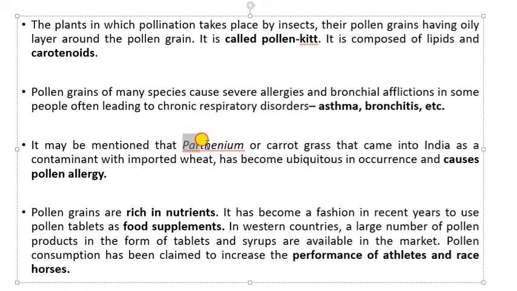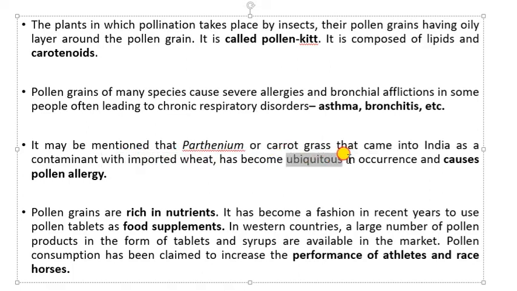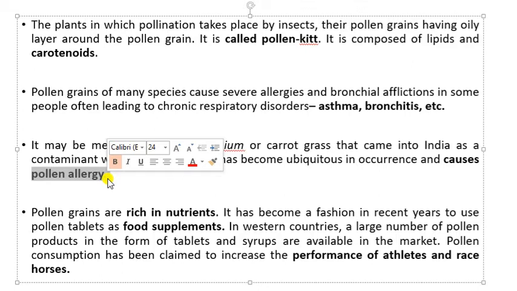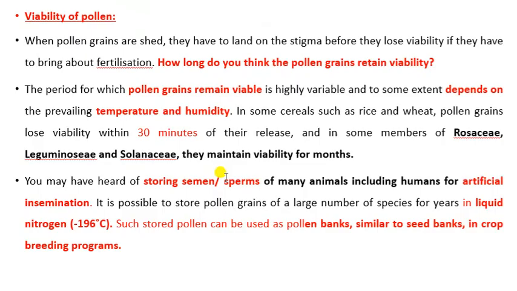Parthenium, or carrot grass, which came into India along with imported wheat, has become ubiquitous in occurrence. It was responsible for causing pollen allergy. So this is an example of an allergic reaction to pollen grains.